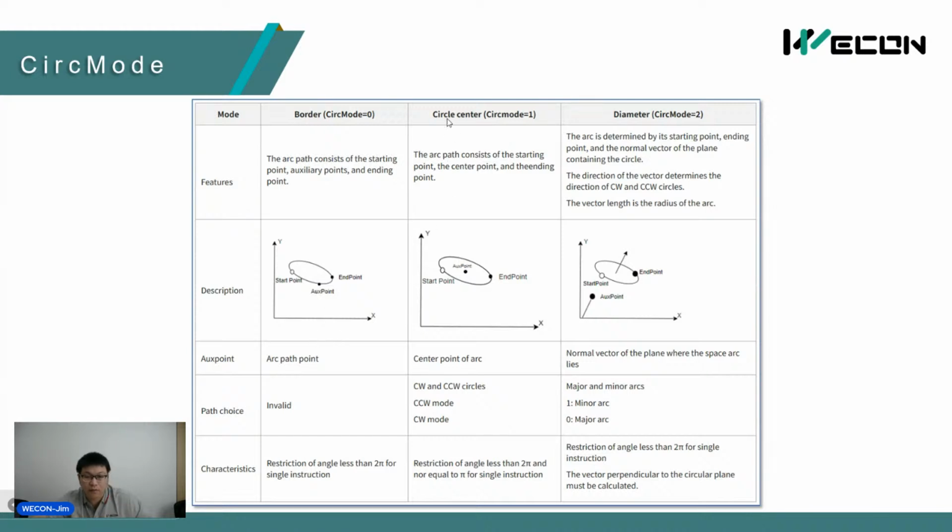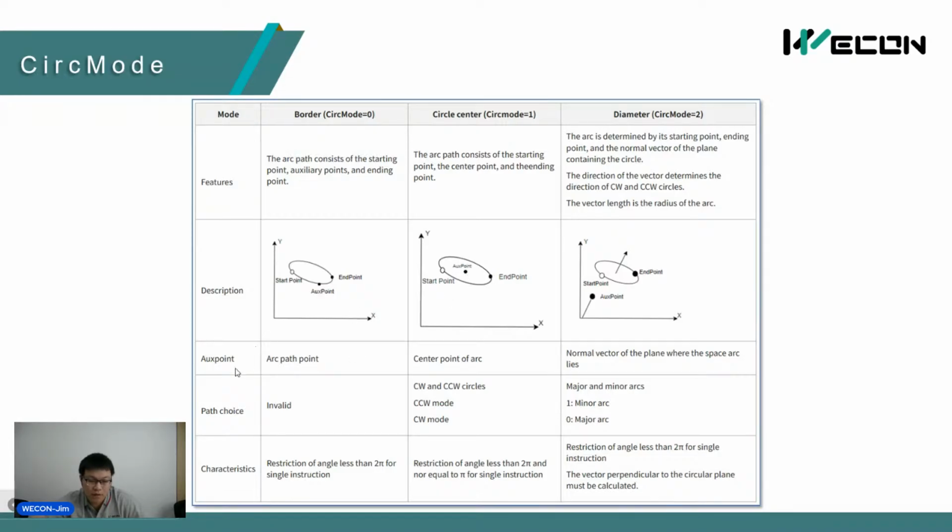And the second mode is this center mode. We need to set the sec mode as 1. And in this mode, the curve is defined by the start point, end point, and the center point.